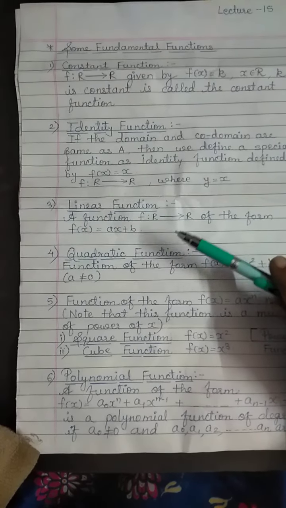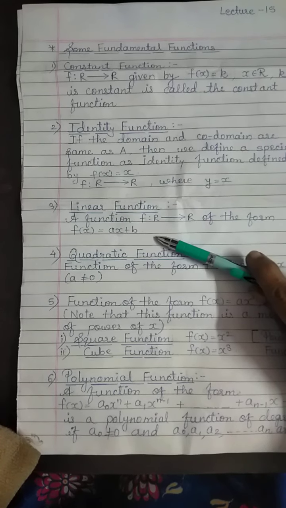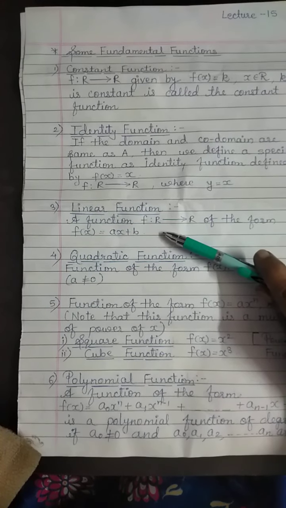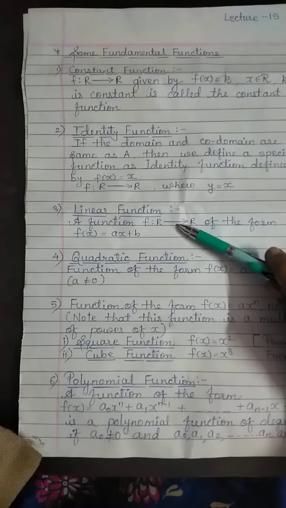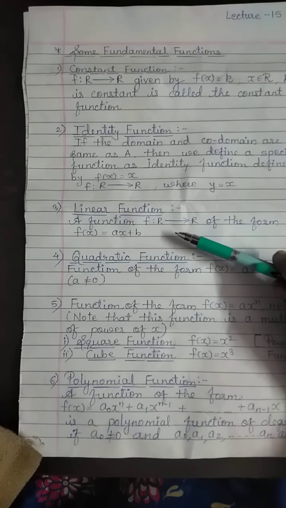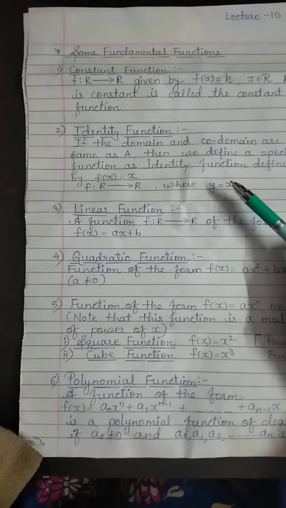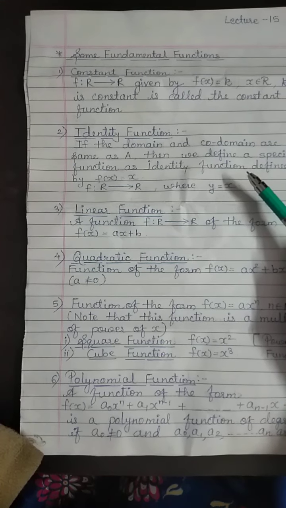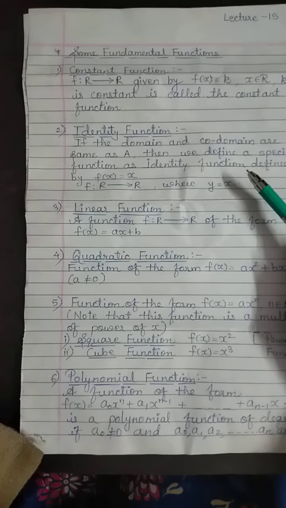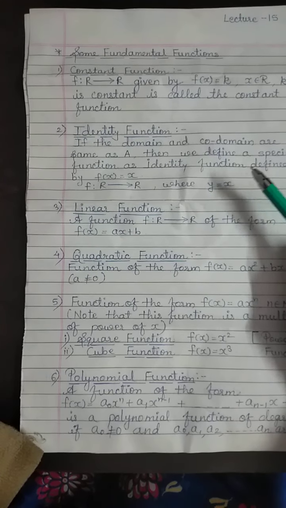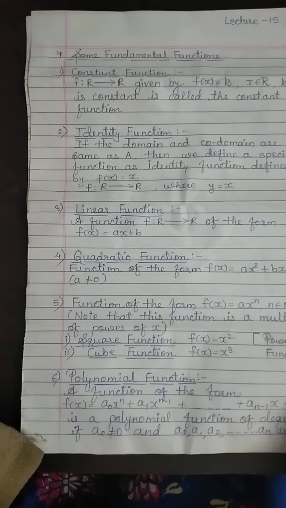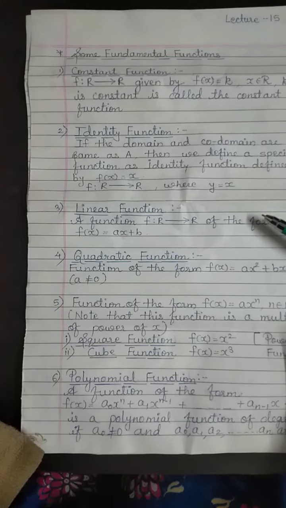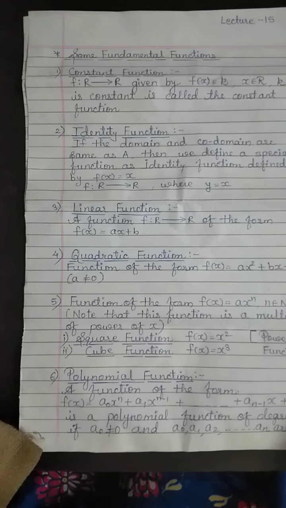So we can consider any example like f of x is equal to 3x plus 2 or f of x is equal to 5x plus 7. Everywhere we will put the value of x to get the corresponding value of y, and if we plot the points to draw the graph, then we will get a linear line. So this is called as linear function.